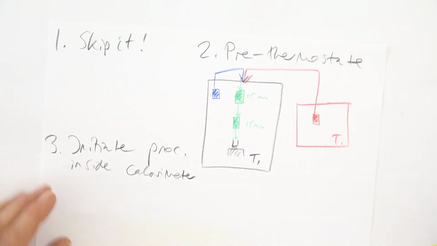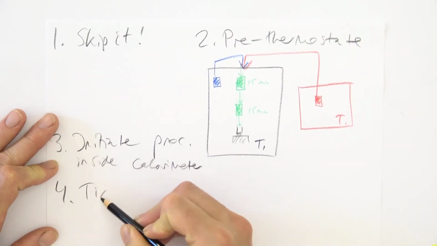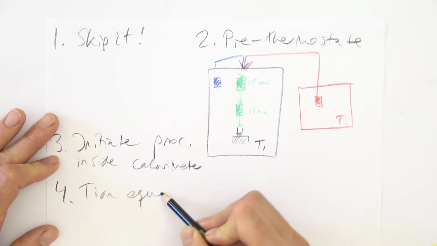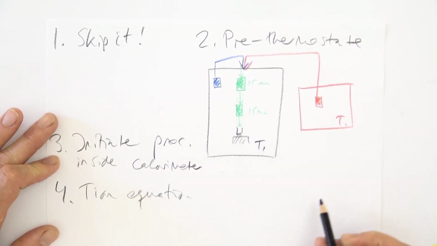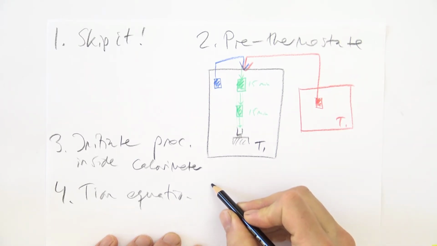Now, number 4, and that is the Tian equation, or Tian correction. I would write Tian equation. This is a quite simple equation that removes the effect of the thermal inertia of the calorimeter.